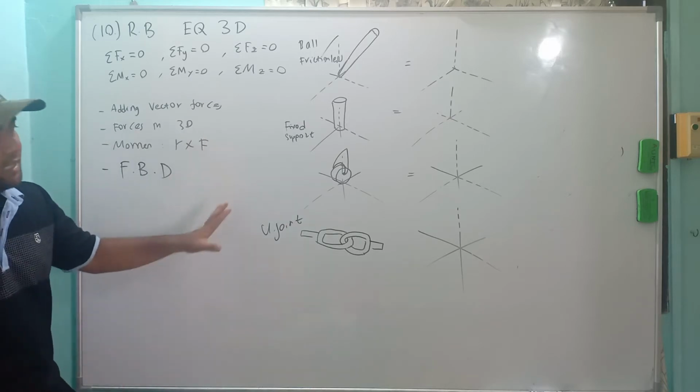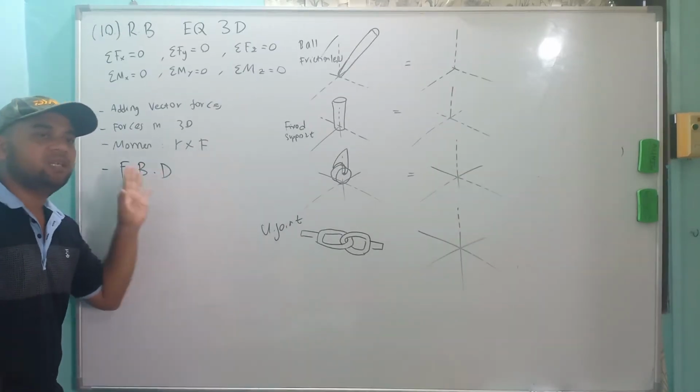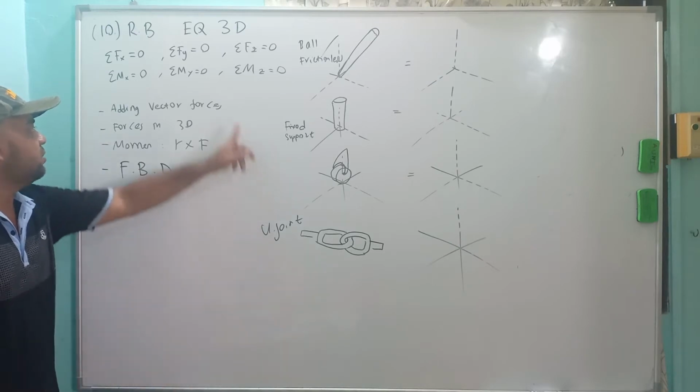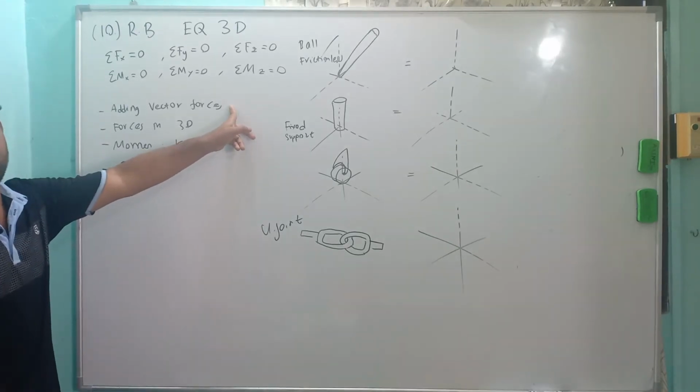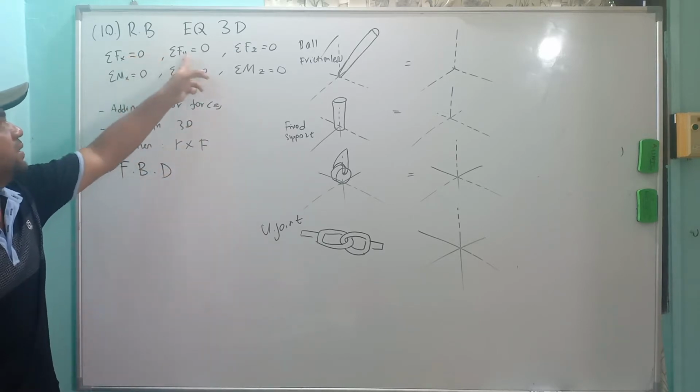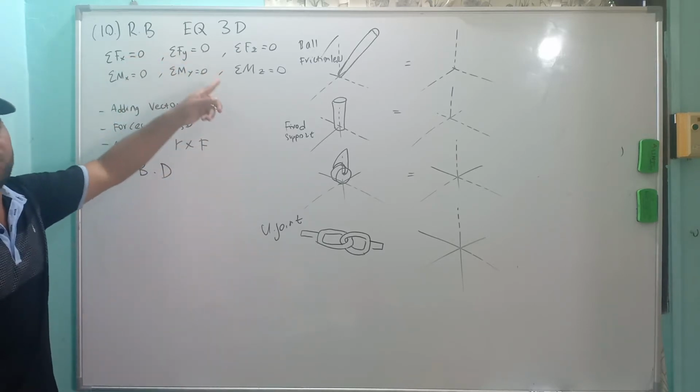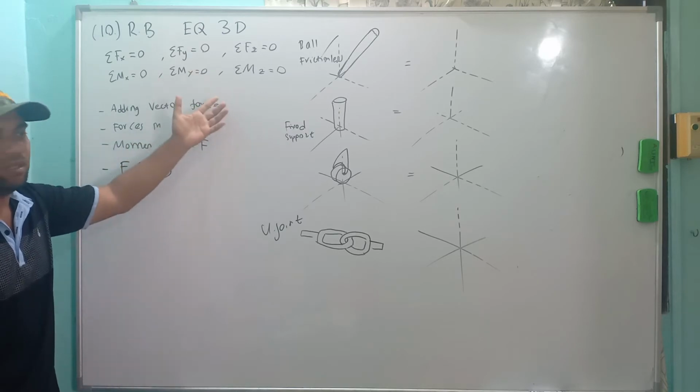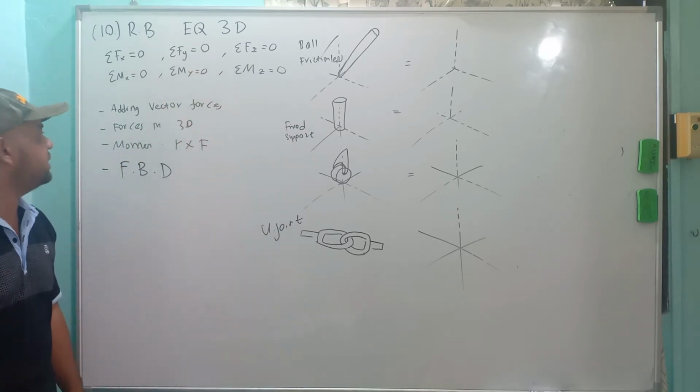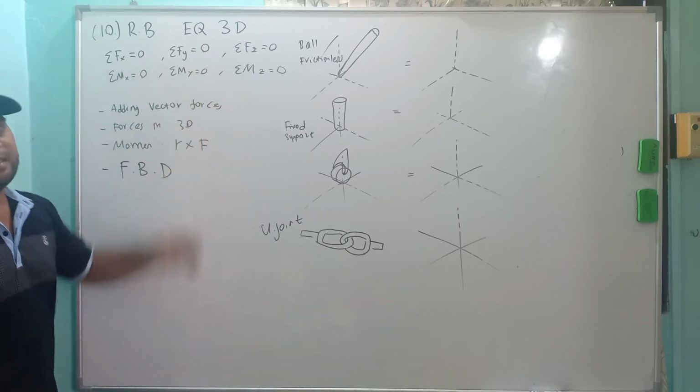What I said is that you have to know the previous sections, meaning you have to know how to add the force vectors in the x, y, and z directions, using any method that we have learned previously. And it is in 3 dimensions.